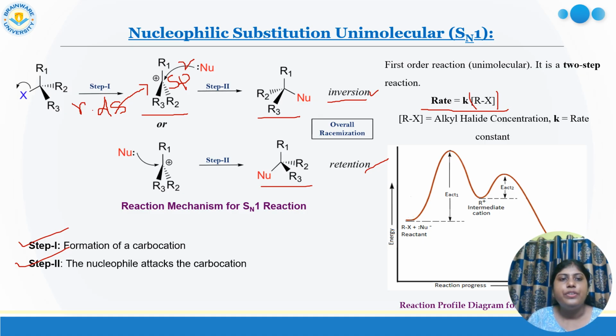In the rate determining step there is no nucleophile. So in the slowest step, the rate equation is rate equals K into concentration of RX, because in the rate determining step there is no nucleophile. That's why it is called a unimolecular substitution reaction.